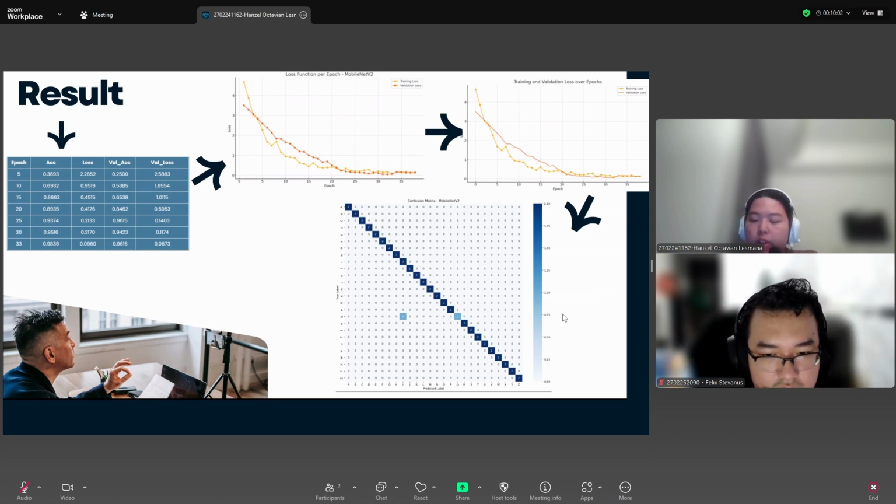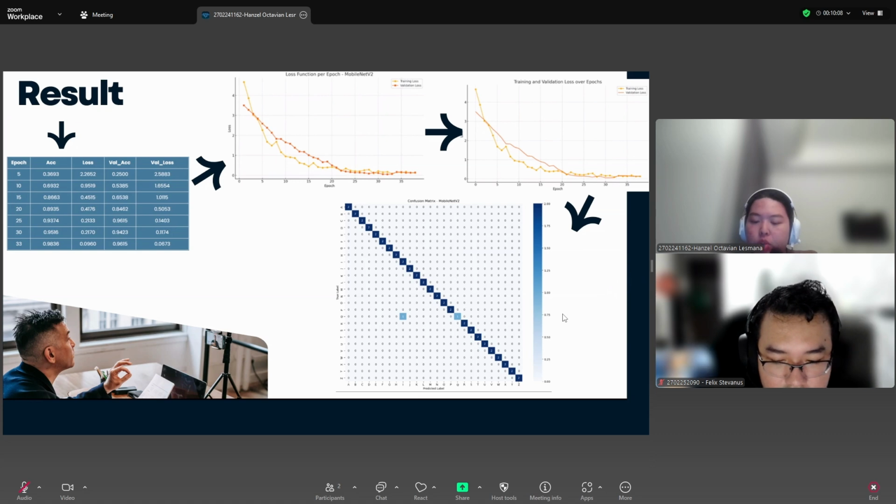The loss value at the first epoch, 4.67, is pretty high, but it managed to drop significantly at the 33rd epoch to 0.0673.